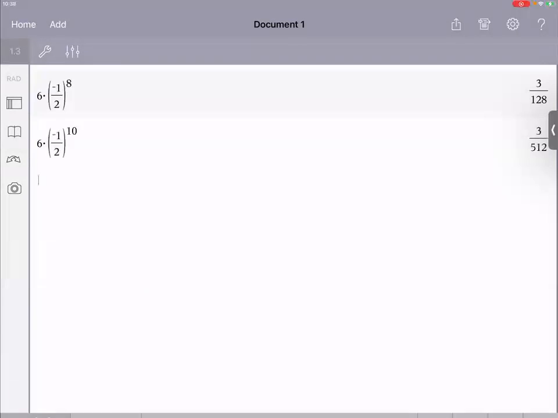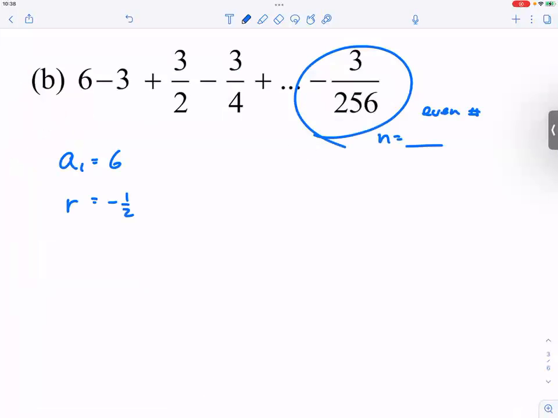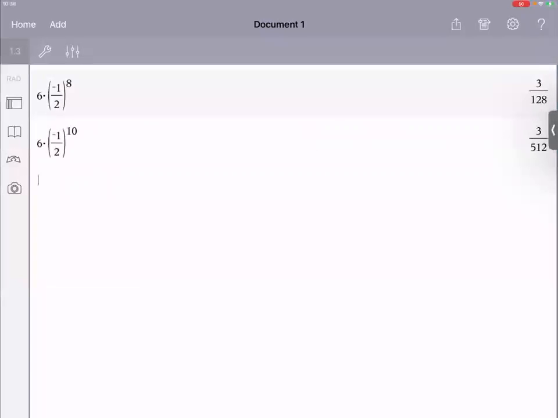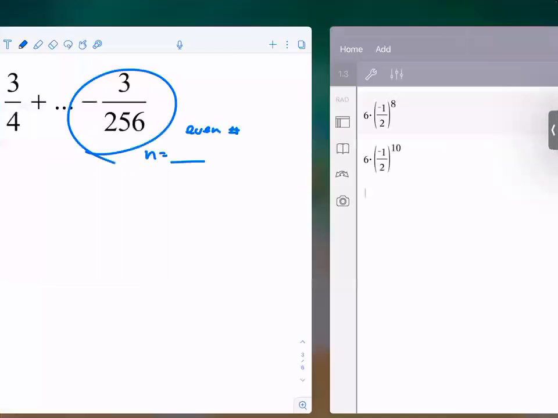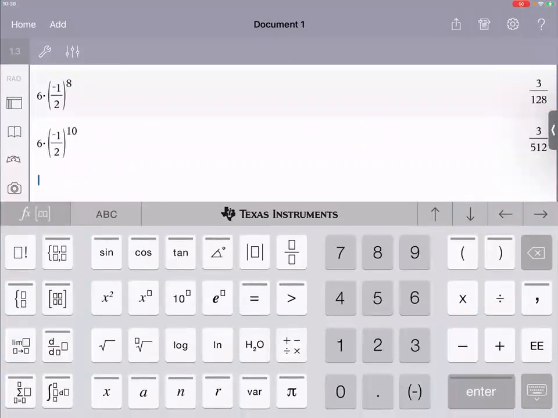Wait, hold on. That is strange. -3/256. Wait, hold on. Oh, you know what? I forgot the little n-1. That's why things are going off a little bit.